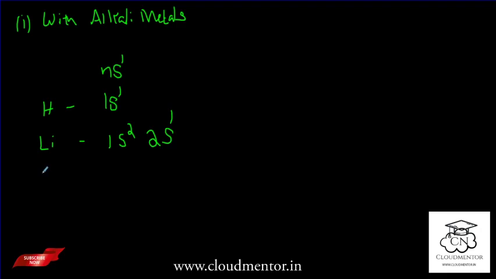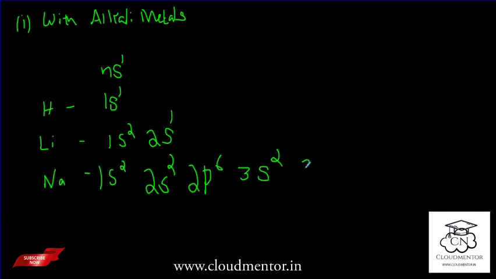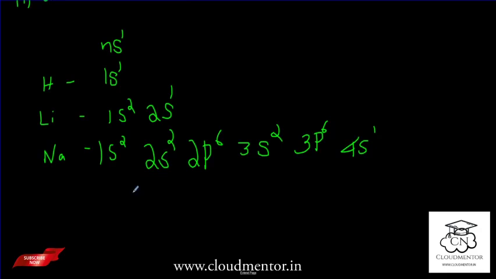For sodium it is 1s2 2s2 2p6 3s1. These are first group elements.